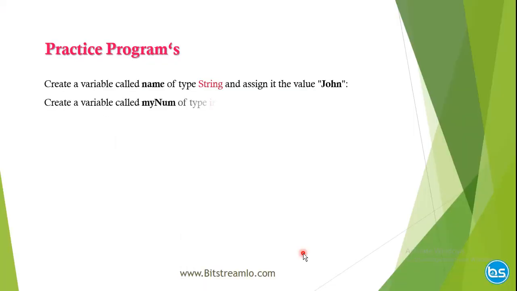Coming to another example. Here again they have told us to create a variable called my number, the data type should be an integer, and we need to assign the value 15.